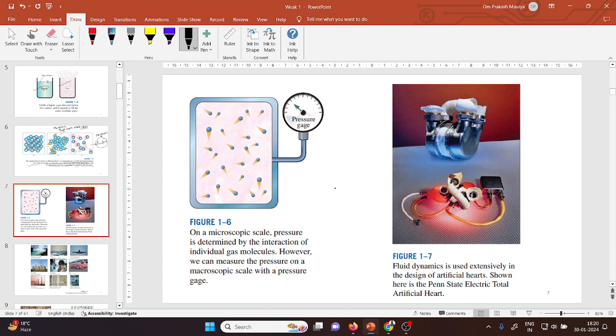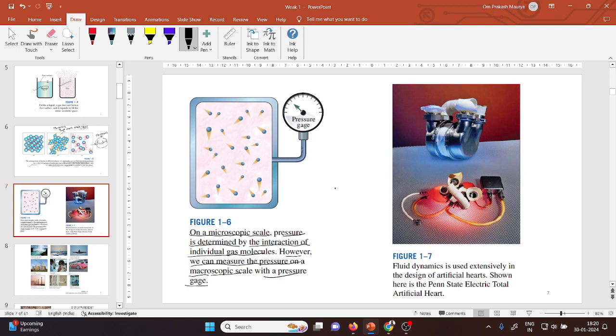What is written: on a microscopic scale, the pressure is determined by the interaction of individual gas molecules. However, we can measure the pressure on a macroscopic scale with the pressure gauge.